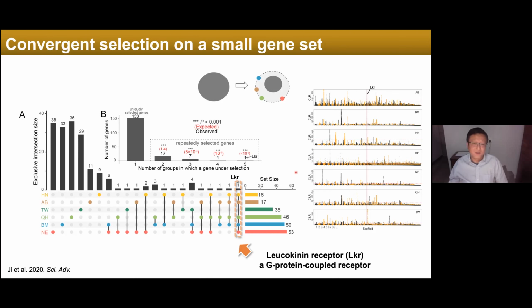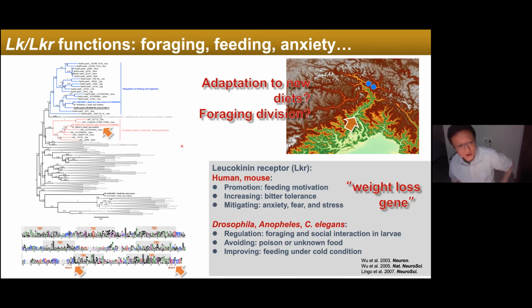So this gene is immediately highlighted in our analysis. I've shown its name here, called LKR, but actually when we started, we didn't really know the gene's name because it was not even properly annotated in the honeybee genome.